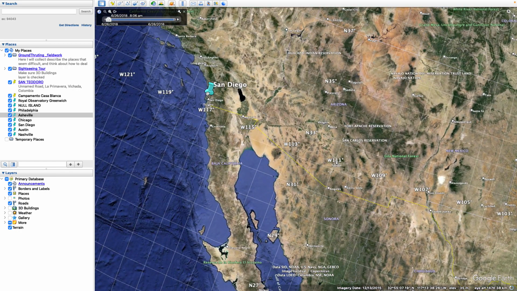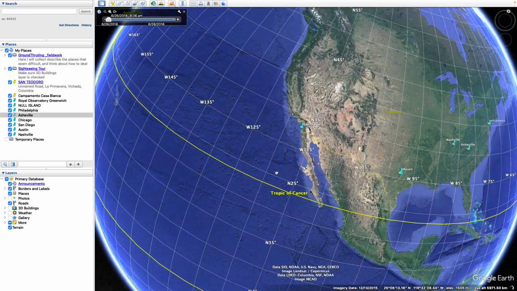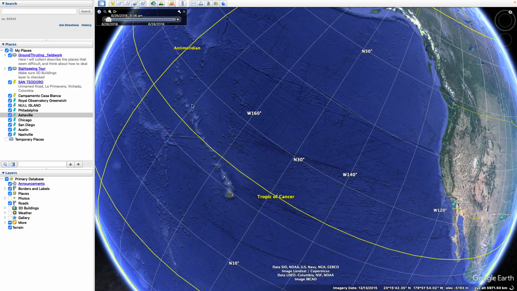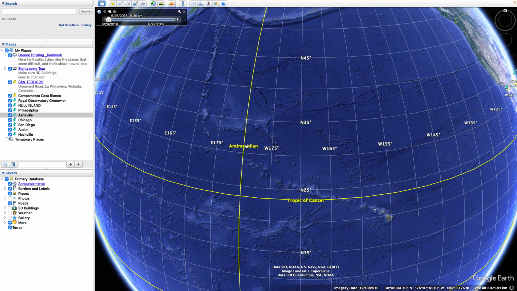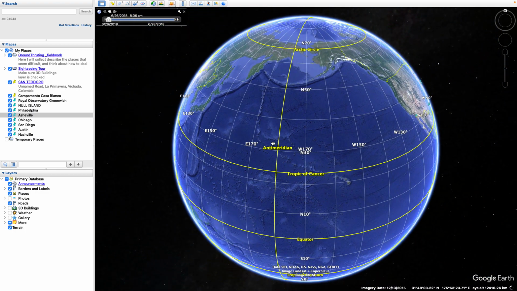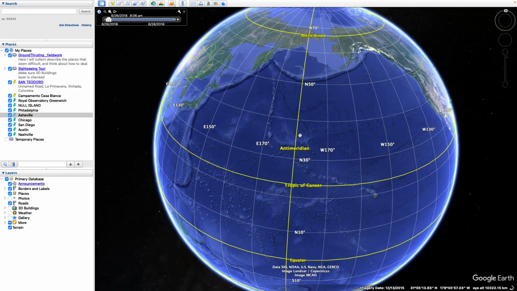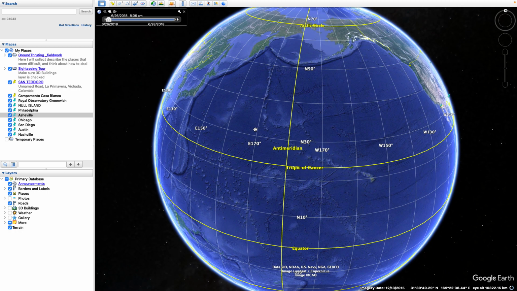And finally, San Diego, which is at 117 degrees. If we get to the antemeridian, we are not in the west anymore, but we are on the east. This is where the international date line is, not exactly here, but very close, which is where one day ends and the next one starts.